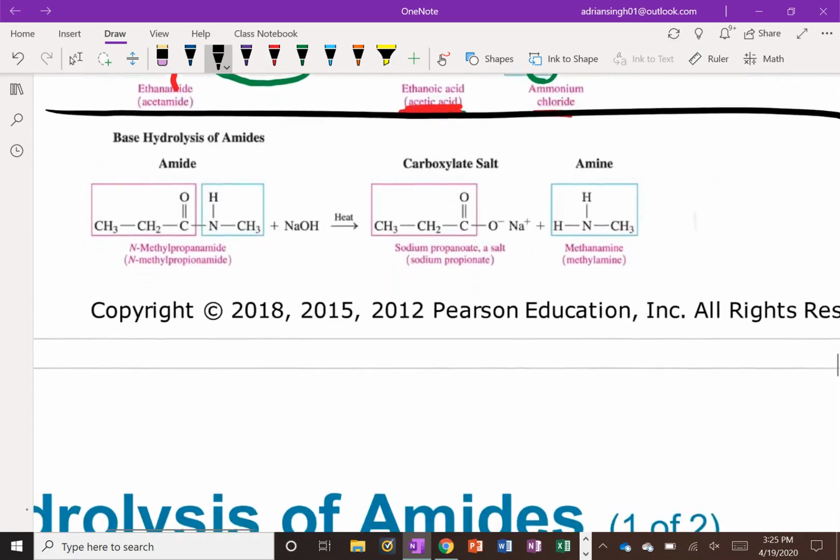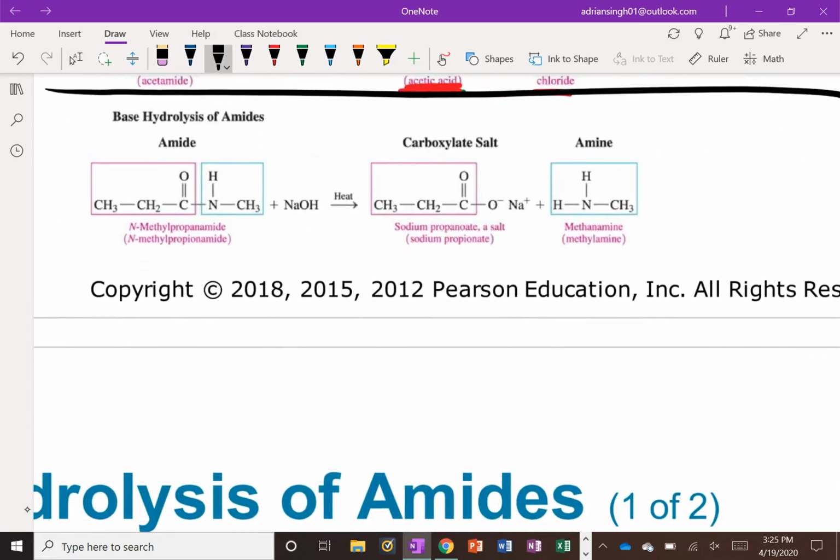Under basic hydrolysis, we're going to need some sort of a base, in this case a strong base like sodium hydroxide or potassium hydroxide, for instance. Again, we are going to break the amide bond right between the carbonyl and the nitrogen.